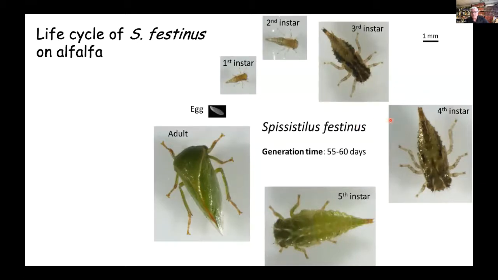There is no fourth and fifth instars, unlike the cycle that you see here from egg to adult that is occurring on alfalfa within 50 to 60 days, roughly.